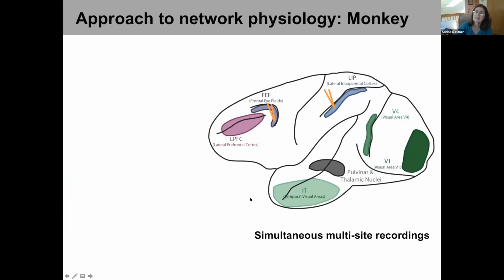Since we had seen in our human recordings a very strong engagement in rhythmic properties of attention of the fronto-parietal network, we decided that that was our starting point for recordings, and we recorded simultaneously from the frontal eye fields in frontal cortex and the lateral interparietal area in posterior parietal cortex.